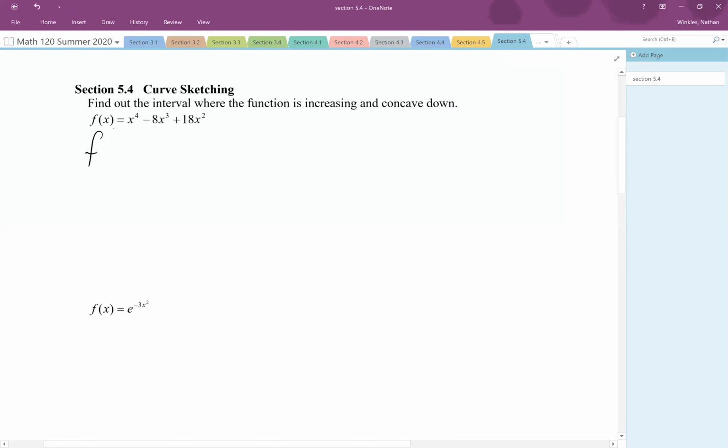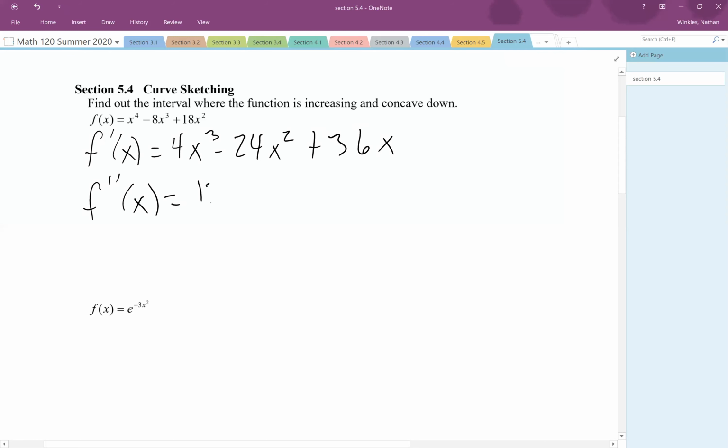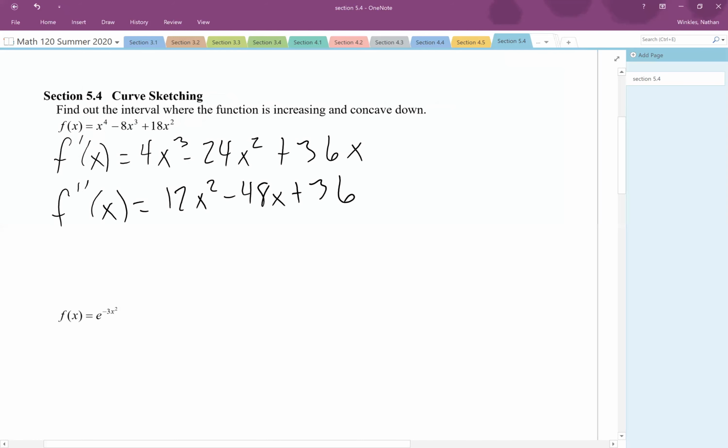So f prime of x is 4x cubed minus 24x squared plus 36x. Our second derivative is 12x squared minus 48x plus 36. So let's go ahead and factor each one of these.